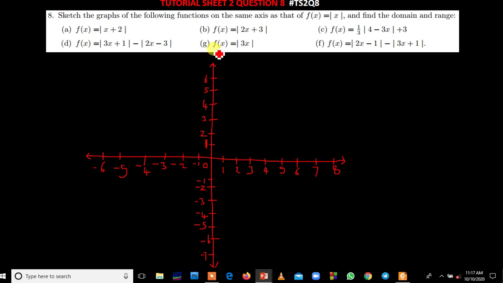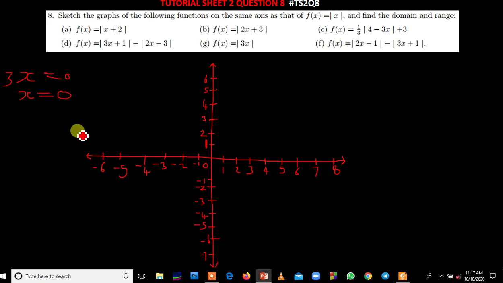So here we have f of x being equal to 3x. How do you sketch this equation? So simple. You equate what is in the absolute value symbols there to 0. So 3x being equal to 0, and when you divide both sides by 3, you get x being equal to 0.